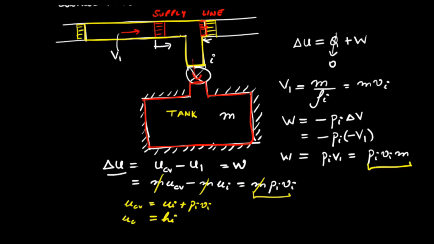So therefore, even if we consider a control mass approach to analyze this problem, we arrive at the same conclusion that the internal energy, or in particular the specific internal energy of the gas within the tank, will be equal to the specific enthalpy at the inlet conditions.